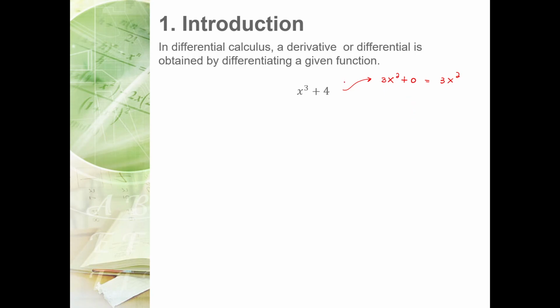Now, the purpose of having the integral is, for example, this is the given expression, and the purpose of integrating is for you to get back to the original equation, which is x cubed plus 4. So it's a reverse process compared to your derivatives, which go forward, while this one is going backwards.